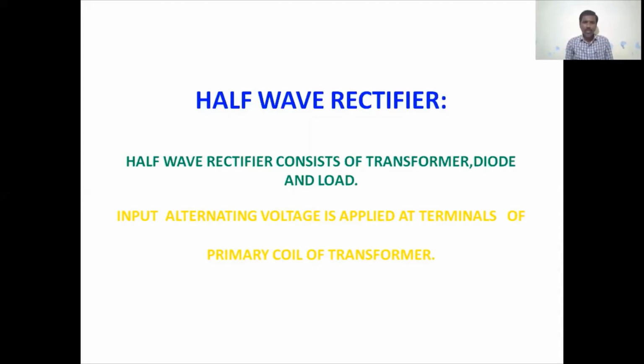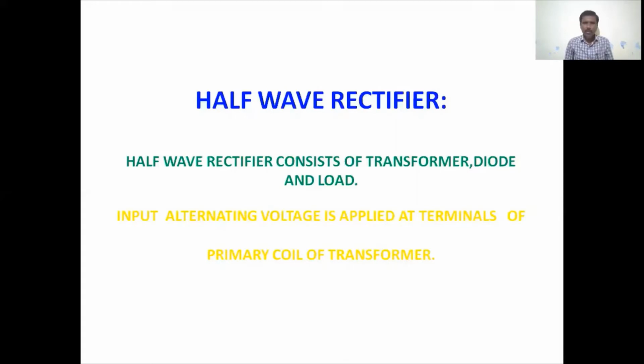A half wave rectifier consists of a transformer, diode and load. What is its construction? It consists of one transformer, one diode and a load resistor. We can take output from the load resistor.